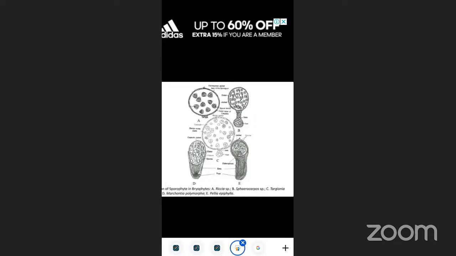That's why you should write the two theories: the sterilization theory and the reduction theory. You should write them with diagrams, and Funaria diagrams also you should draw.